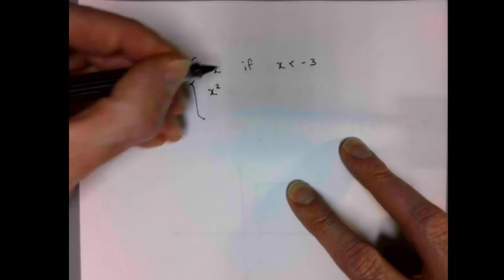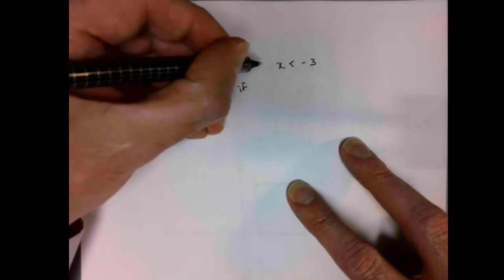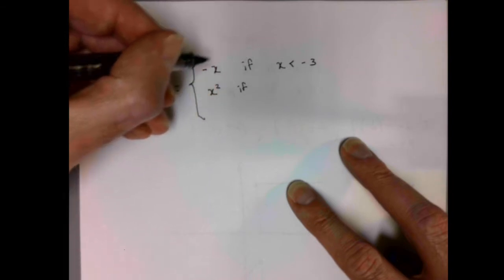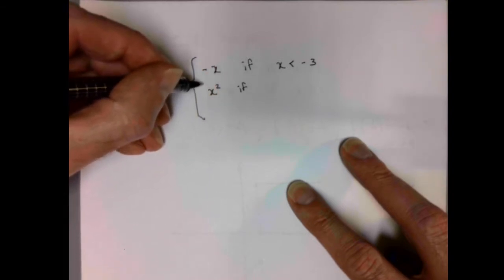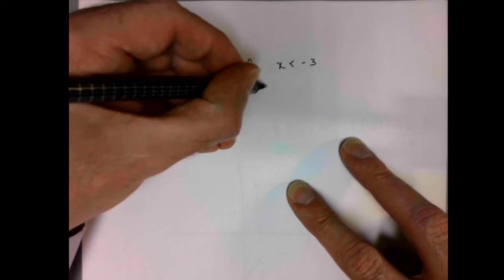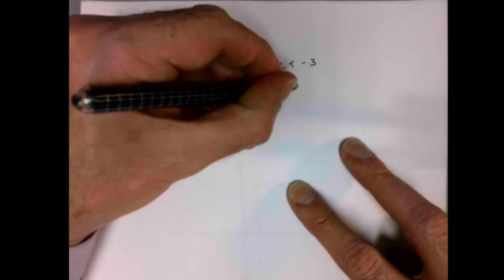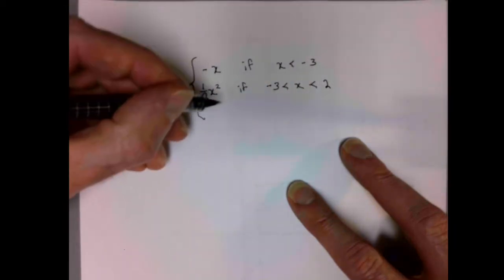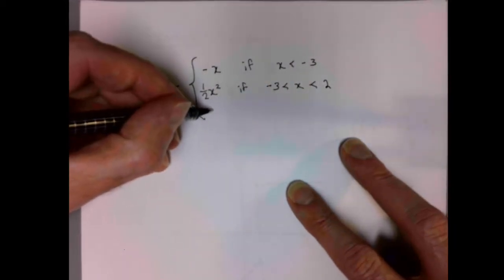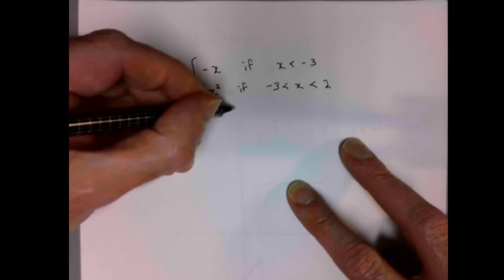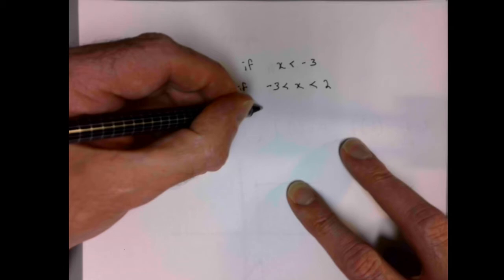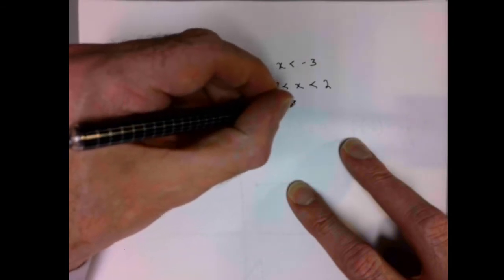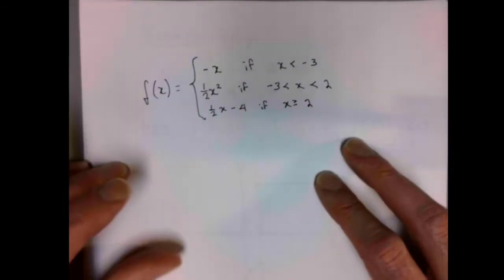And let's do 1/2 x squared if negative 3 is less than x is less than 2. And then we'll make it 1/2 x minus 4 if x is greater than or equal to 2. Okay, so this is our piecewise defined function.